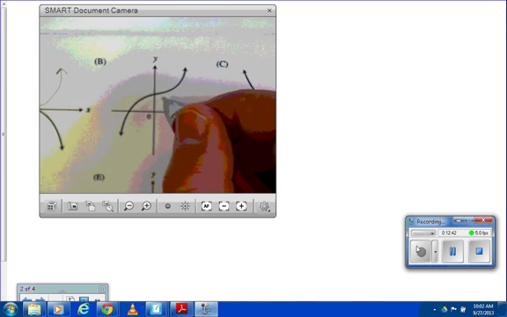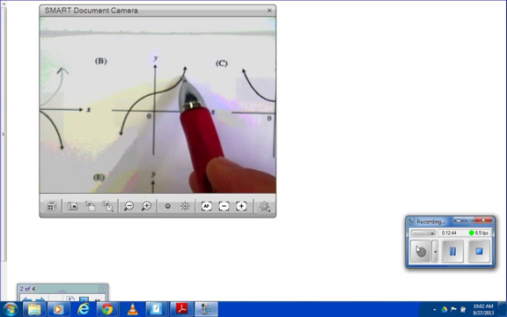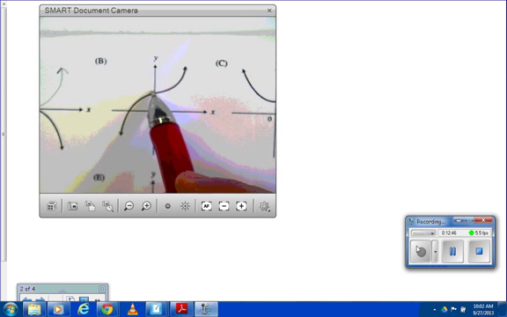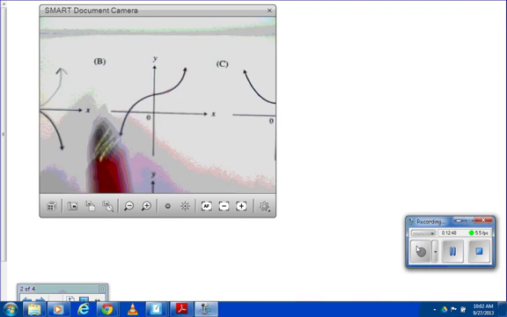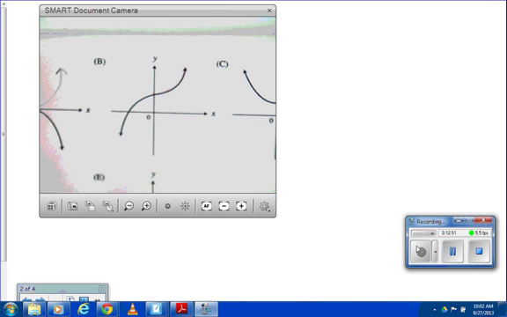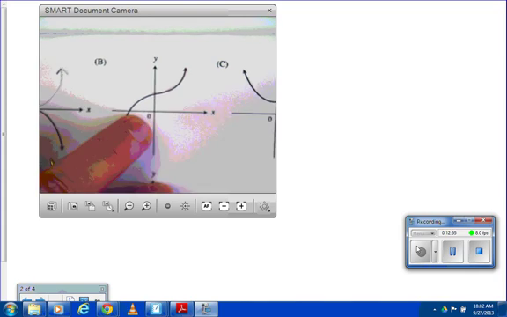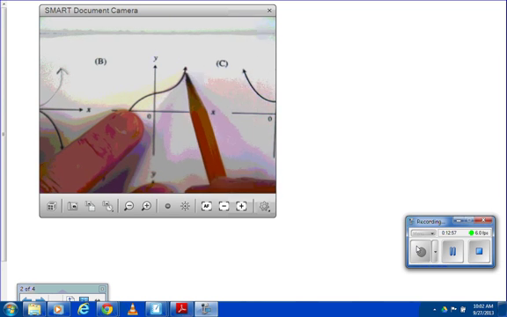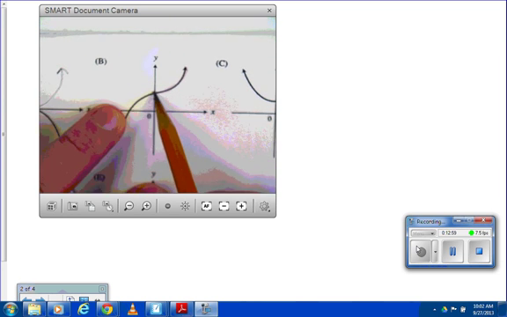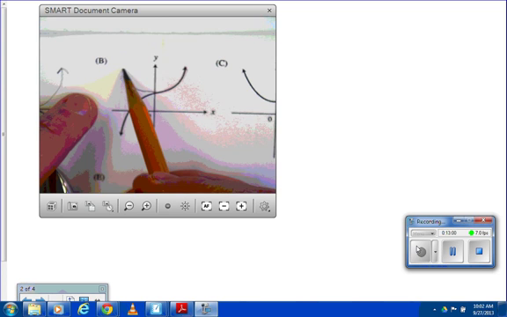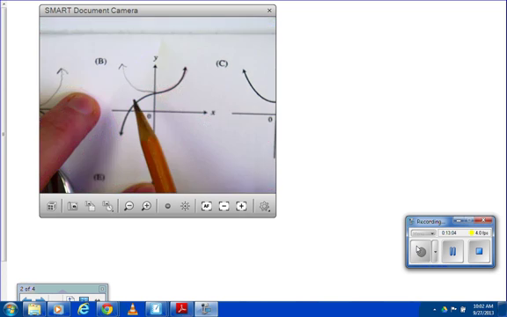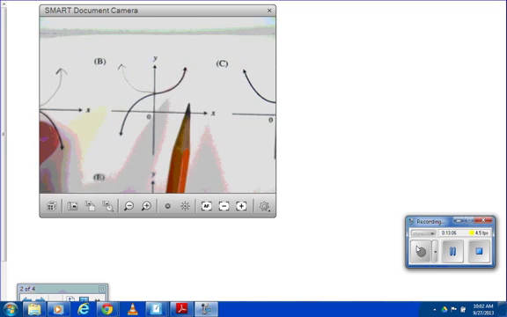Now, in this one, I'm going to choose this curve right here in the first quadrant. Because it's not symmetric with the y. If it was symmetric with the y, let's take this piece right here. If it was even, you would see a mirror image on this side over here. Now, let's go ahead and look at this.